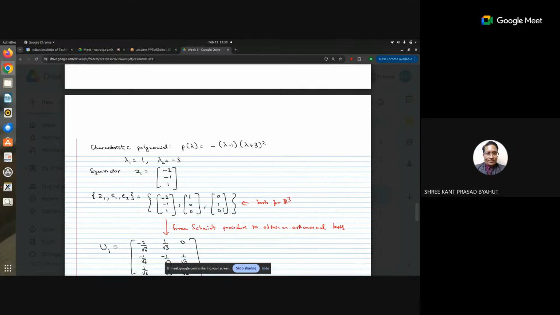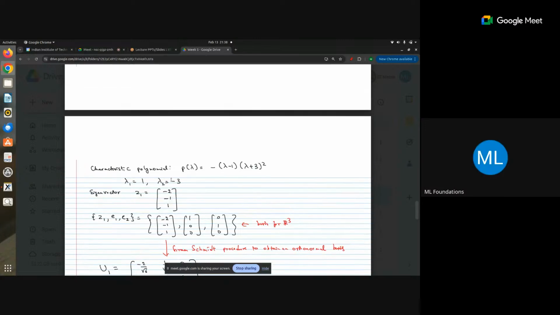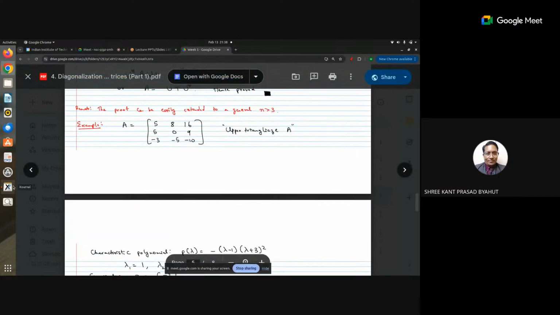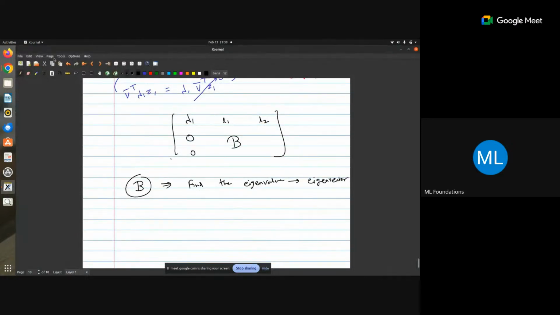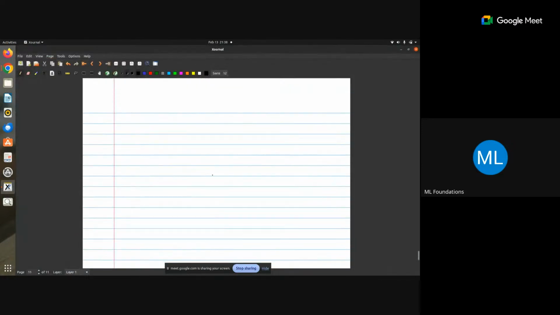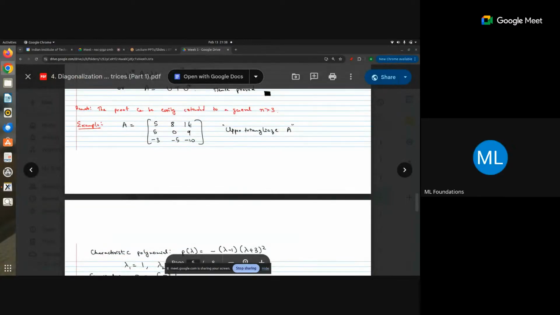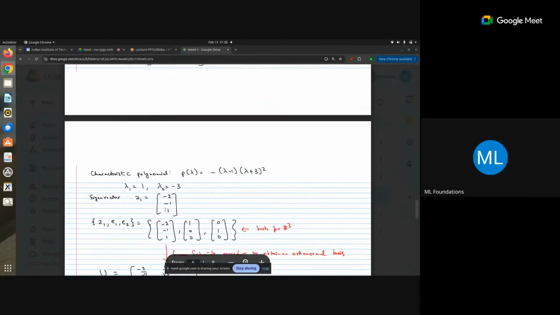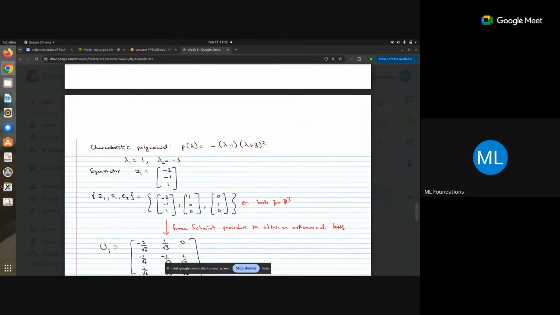How to find the eigenvector? I'll show you; those are the basic procedures we have done previously. Determinant of A minus lambda I equal to 0. That's how you found the first eigenvector, which is minus 2, minus 1, 1.